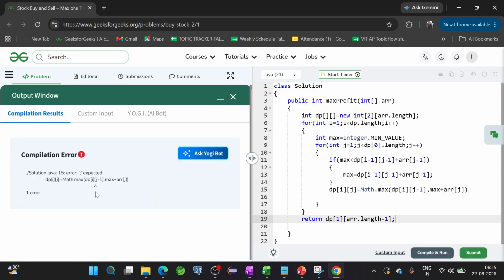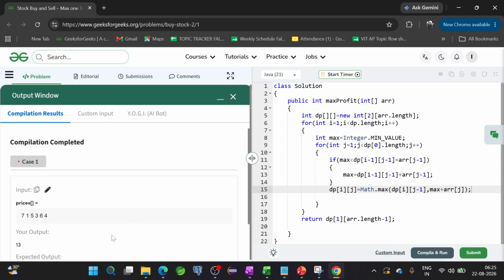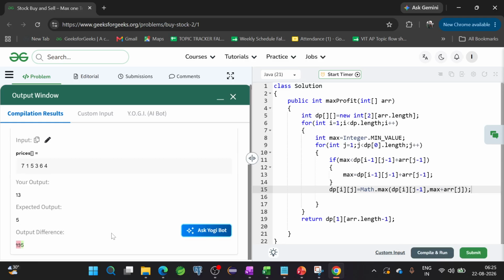Line number 15. Okay. Oh, we are getting 13 as the answer. Why? If max is smaller than dp of i minus 1, j minus 1 minus array of i, it should be minus, not plus.